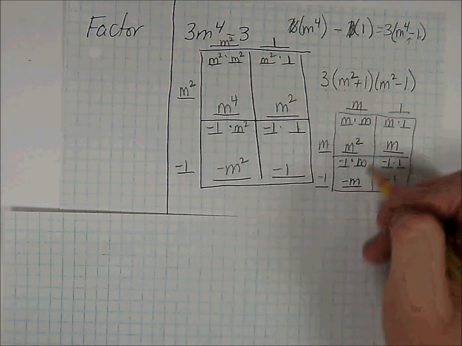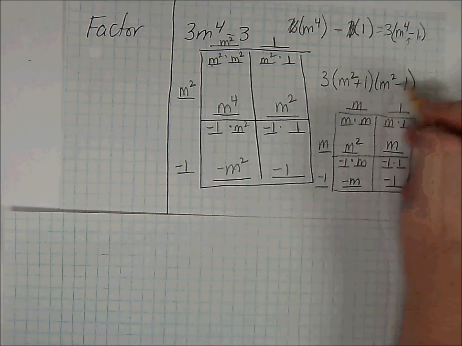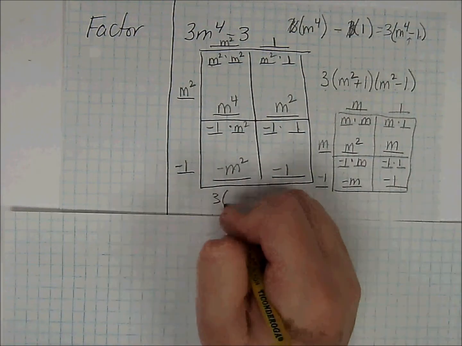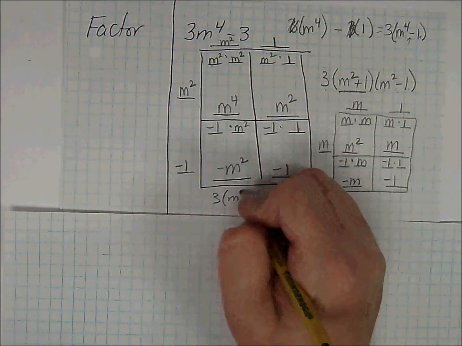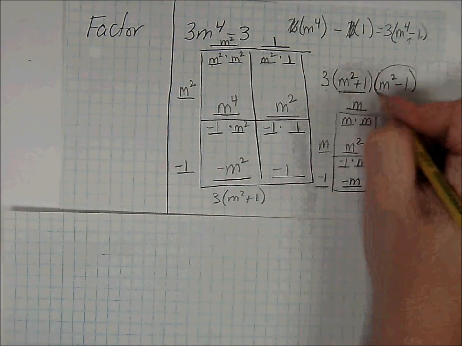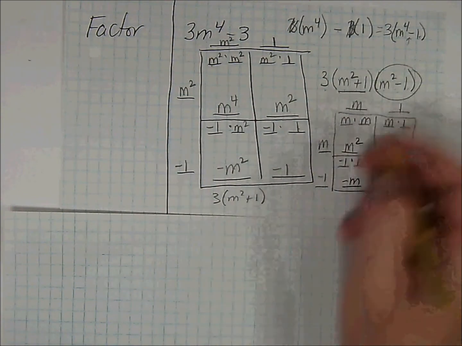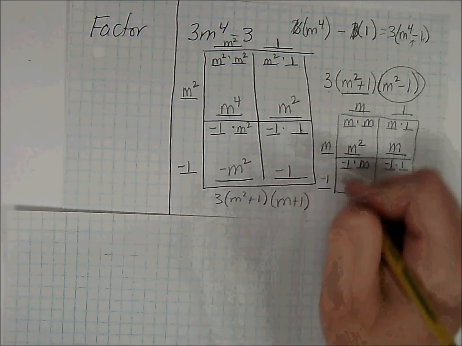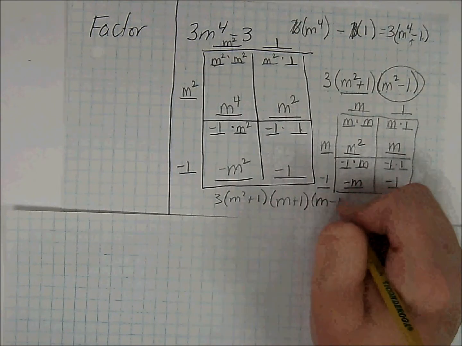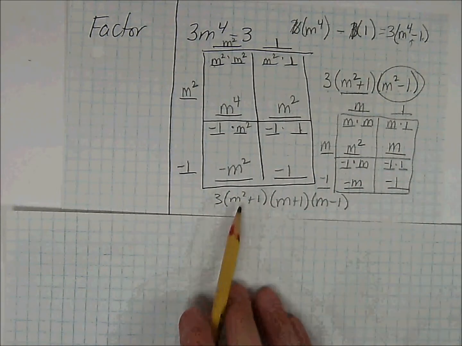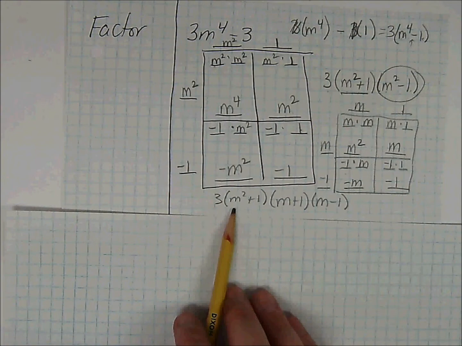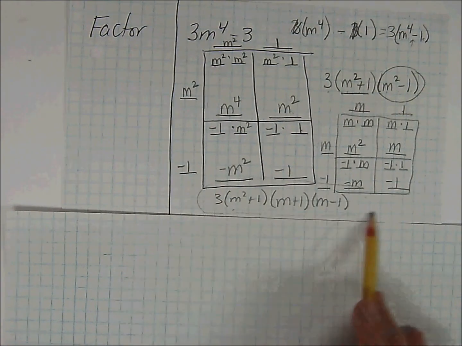Add them together, I get 0. So my final answer is 3 times m squared plus 1. This became m plus 1 and m minus 1. And I say, okay, this is the only one that has a square, and I already know it's done. So there's my final answer.